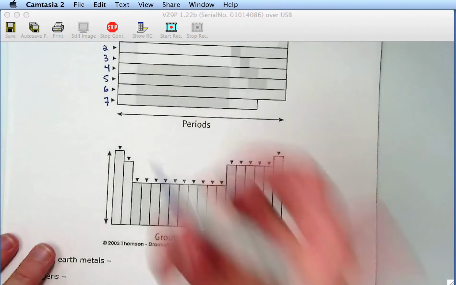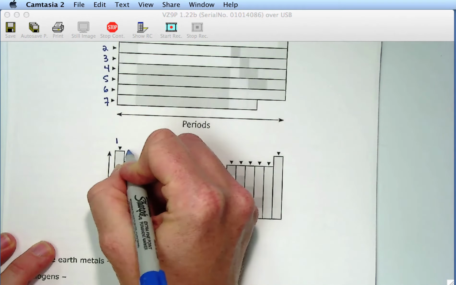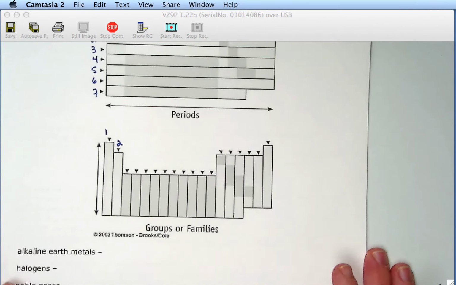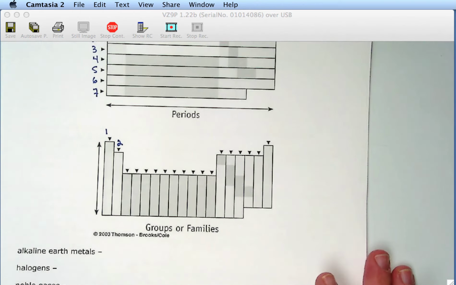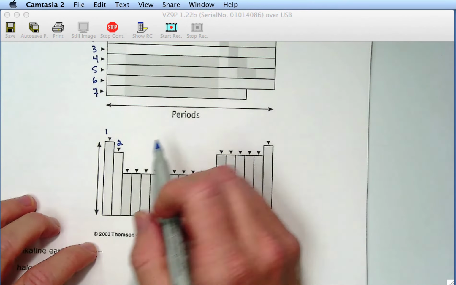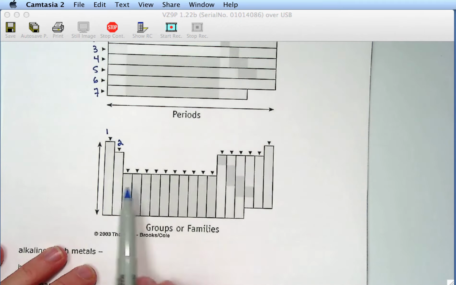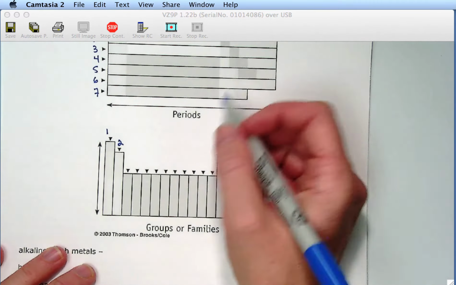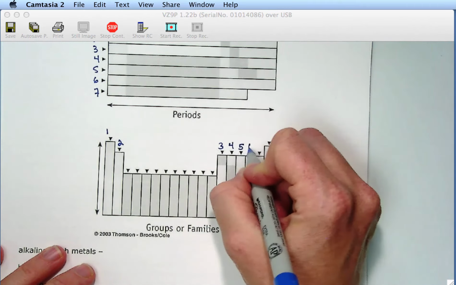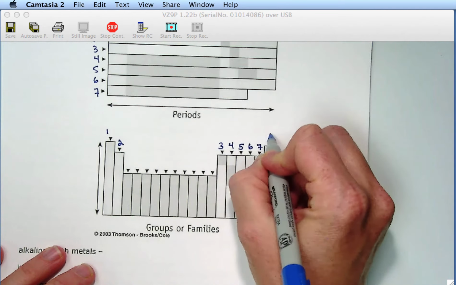This is group 1. This is group 2. Skip over the transition metals. I think the way the front of your textbook, the front cover, that's the numbering we prefer. It can get kind of crazy and confusing, so we try to keep it as simple as possible. So skip over the transition metals and then go 3, 4, 5, 6, 7, 8.